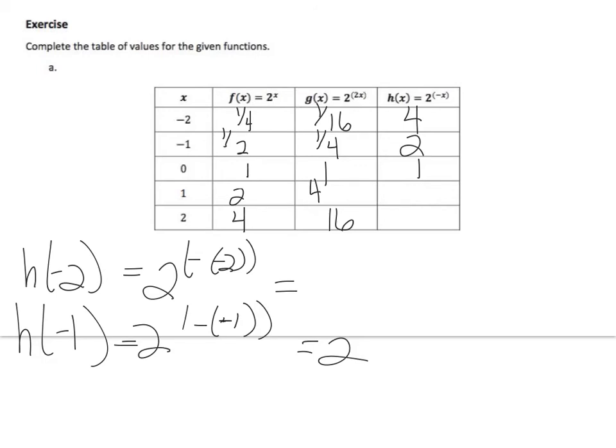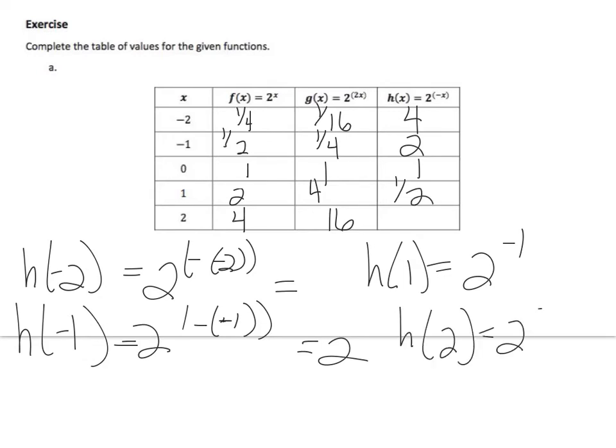Then we have h of 0 is done, h of 1, 2 to the negative 1, which is 1/2. And then h of 2 is 2 to the negative 2, which is 1/4.